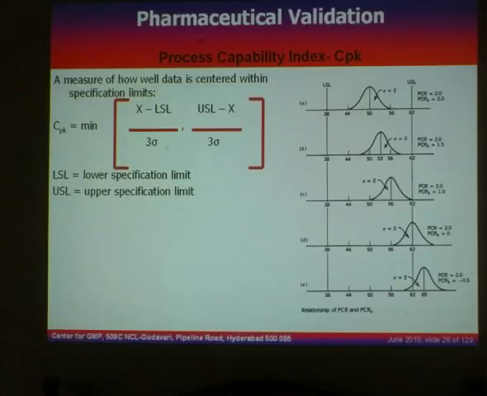So in the case where the distribution starts drifting and the tail touches either rail, your real process capability ratio is reduced to 1, no matter what the original process capability ratio may have been. And if now it drifts further and the tail gets over the rail, your process capability ratio in real terms is less than 1, even if the whole distribution is compact and has an overall process capability ratio of 2. The real process capability ratio available to you and your product and your process is less than 1.